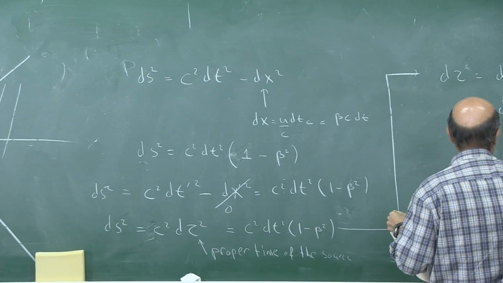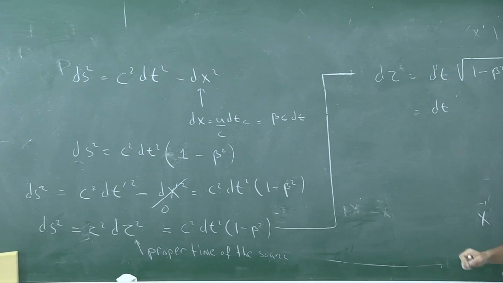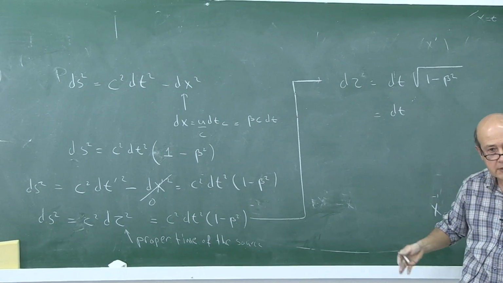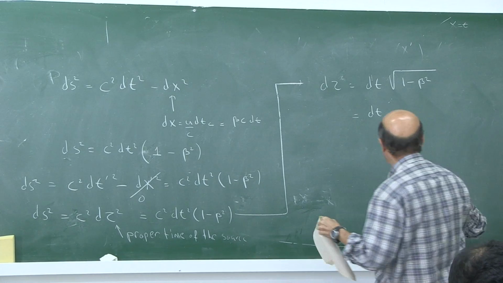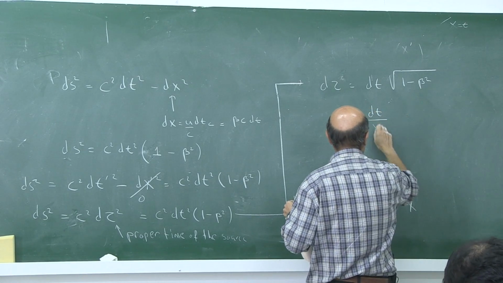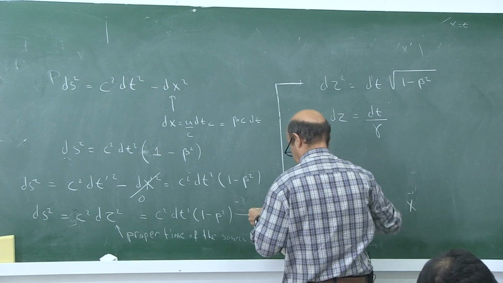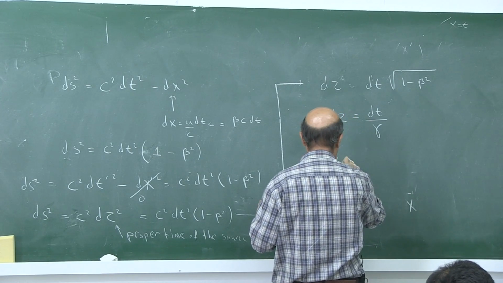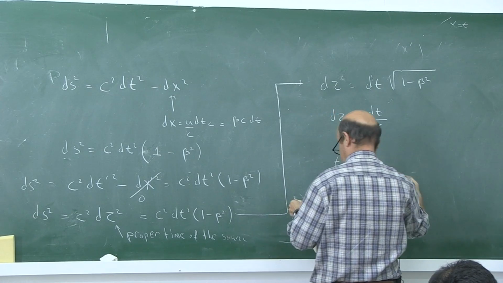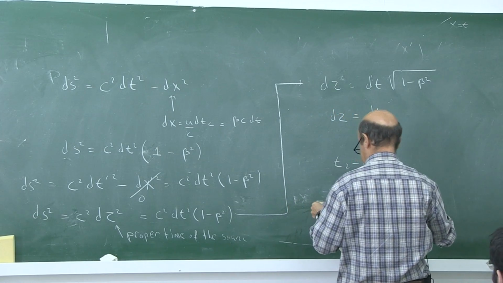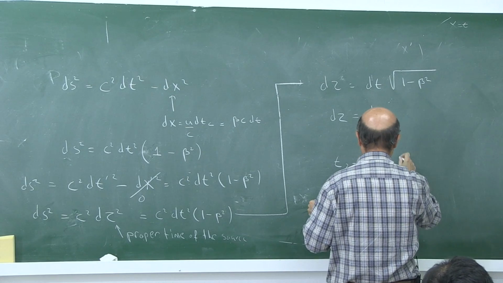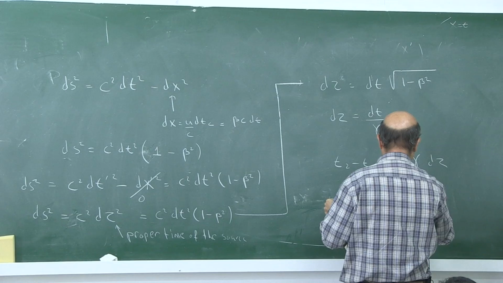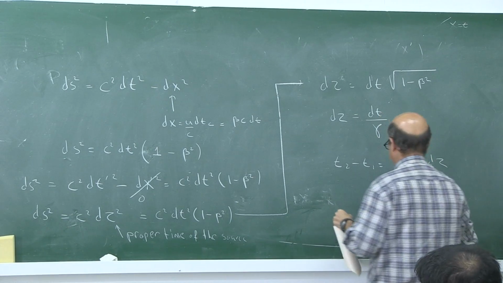And what is the square root of 1 minus β²? That is gamma, or 1 over gamma. And you can take this and write that the time interval is gamma times dτ.